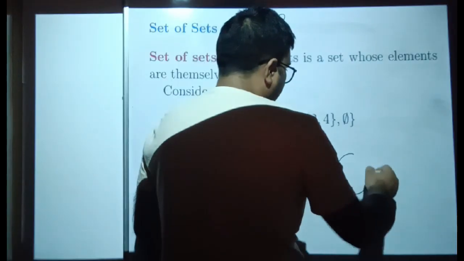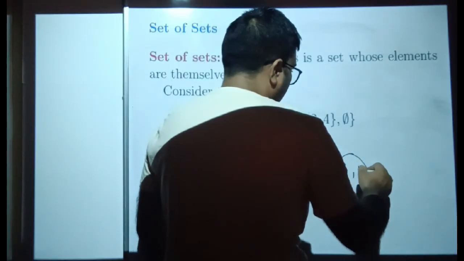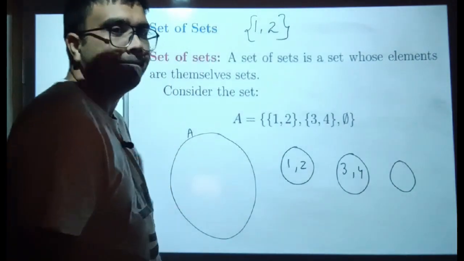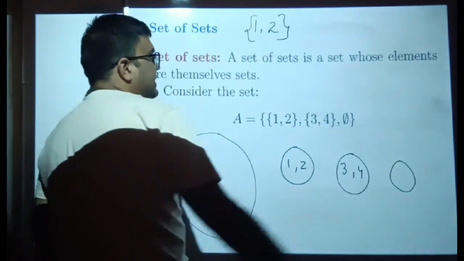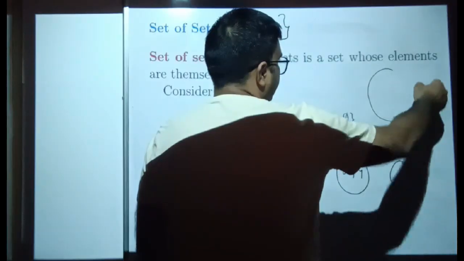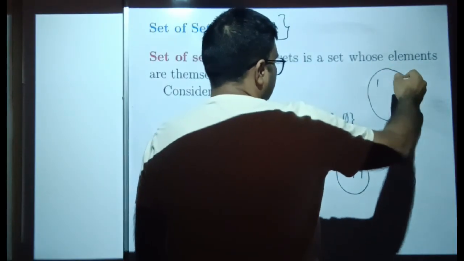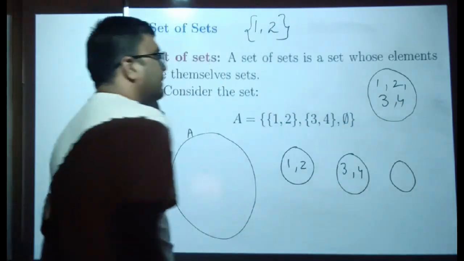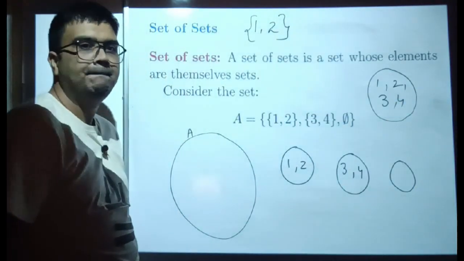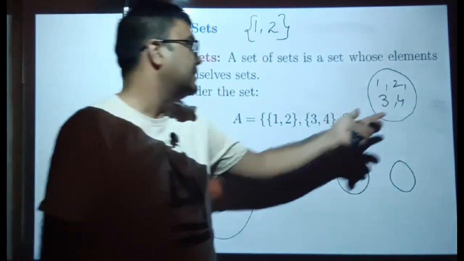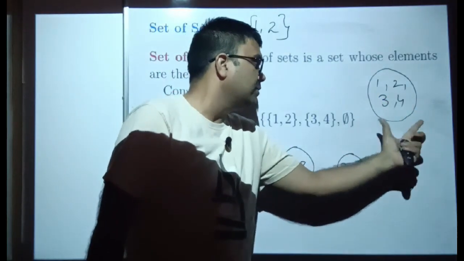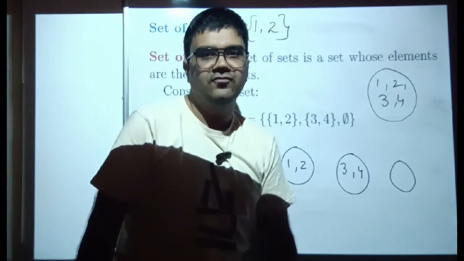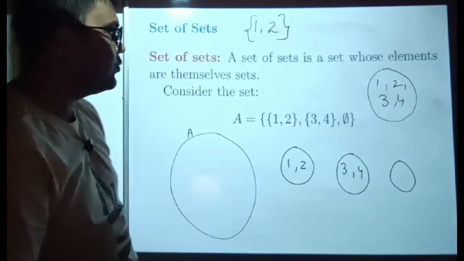This is the set having the elements 3, 4, and this is the set having the element 5. And there is another set having the elements 1, 2, 3 and 4. It looks like this, a set with the numbers 1, 2, 3 and 4.